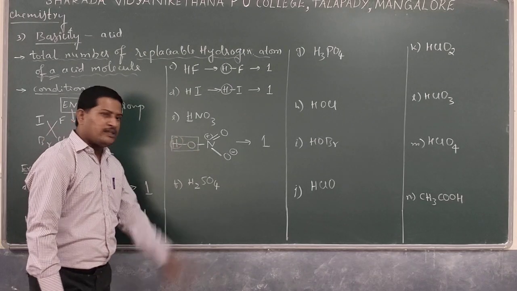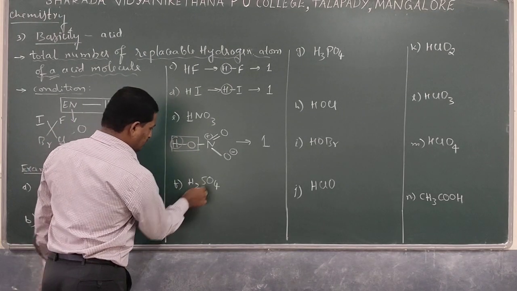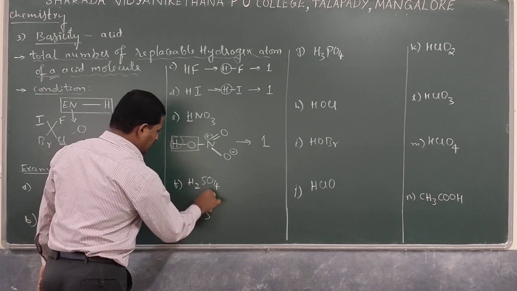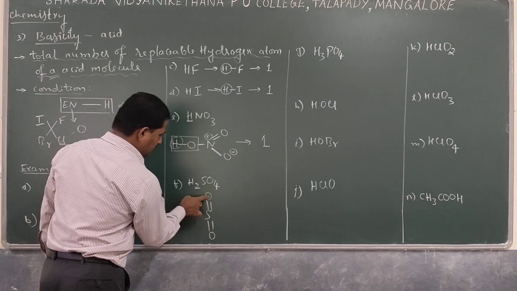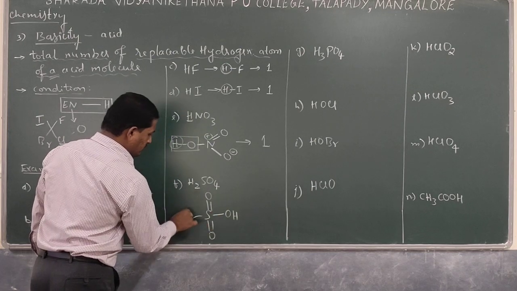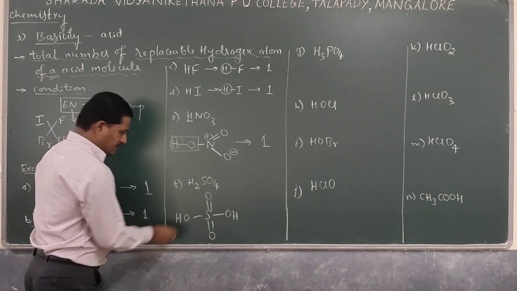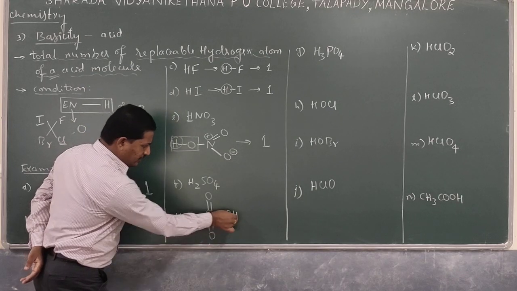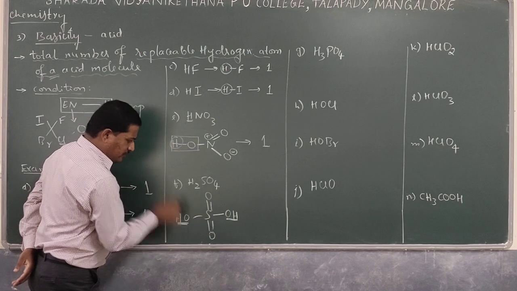Next, coming to sulfuric acid. There also, if you write the structure, the sulfur atom is the central atom, and there are totally 4 oxygen atoms. With 2 oxygens there is a double bond, here there is one OH, and here also one OH group is there. So this says that there is a presence of OH, that means hydrogen and oxygen. Here hydrogen and oxygen. So oxygen is the more electronegative element.